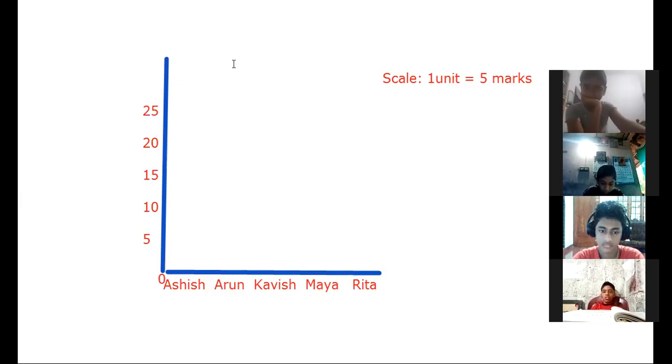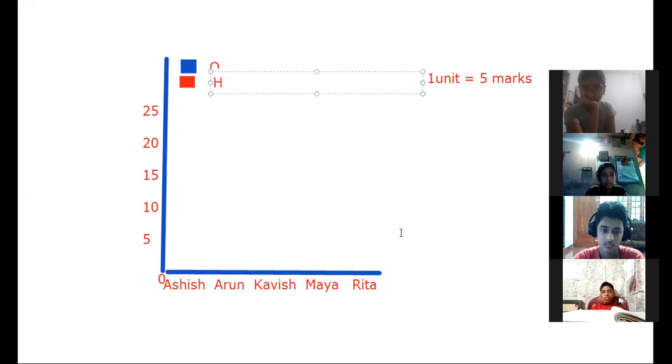We are representing the quarterly examination in blue color. I am writing Q here for the quarterly examination. And in red color, we are going to represent the marks of the half yearly examination. So I am representing it as H. You can identify the quarterly examination and the half yearly examination.